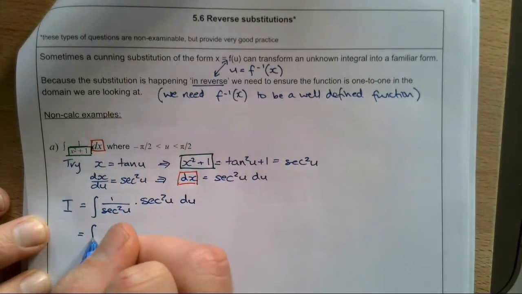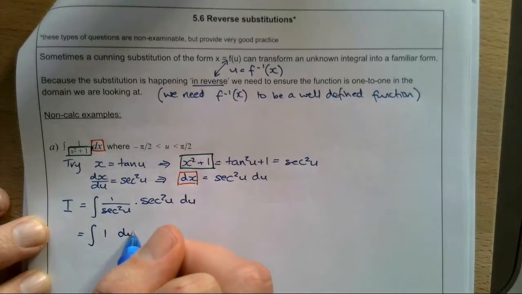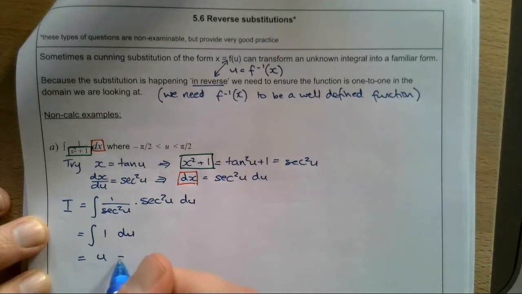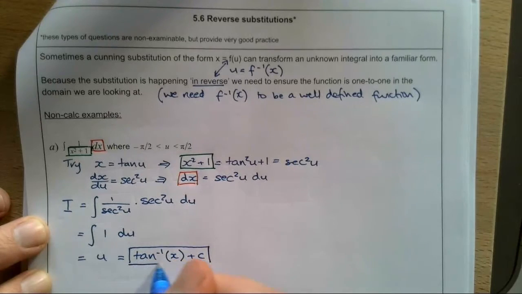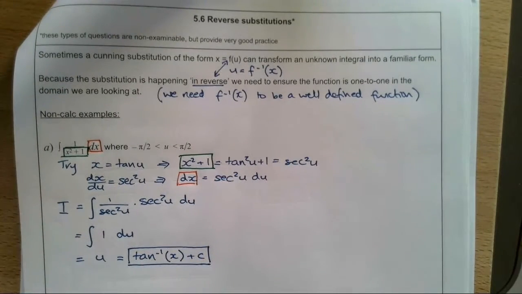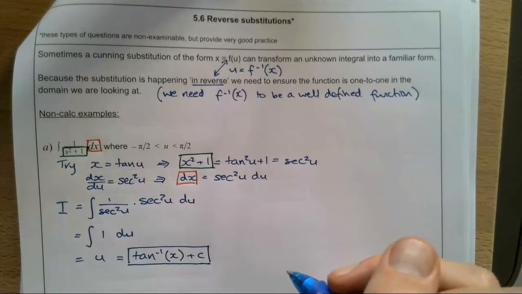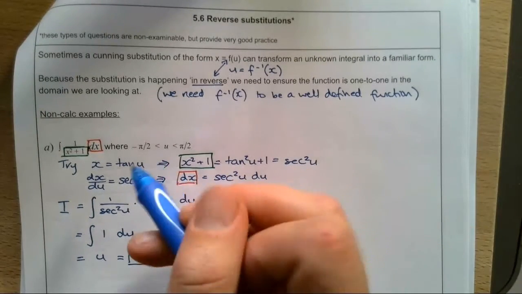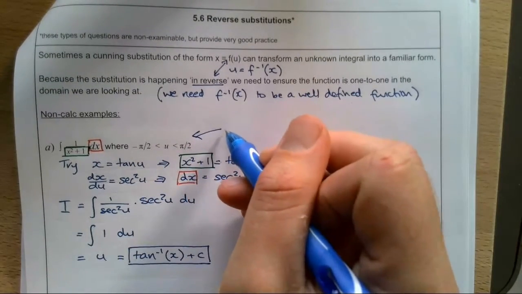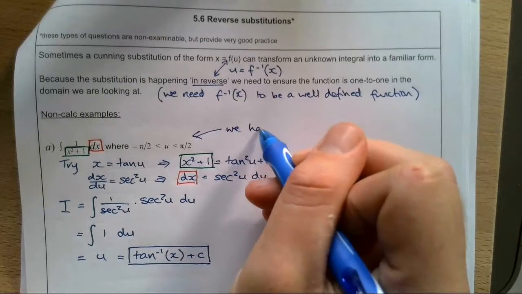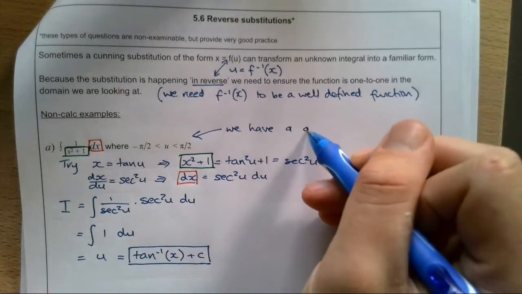Look how easy this is, 1 du. So it's just u, so it's just tan inverse of x plus c. And that's our final answer. So hopefully you can see how that's a pretty neat thing. Just notice the restricted domain. This tells us that we have a one-to-one function, and so is important.